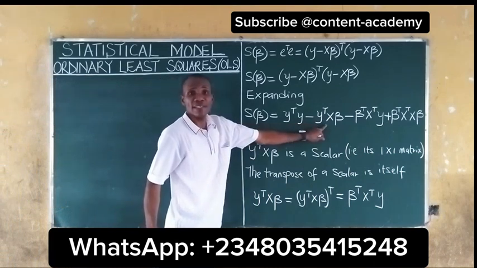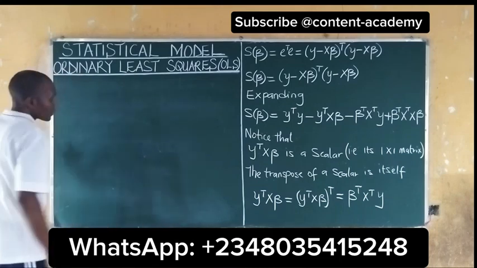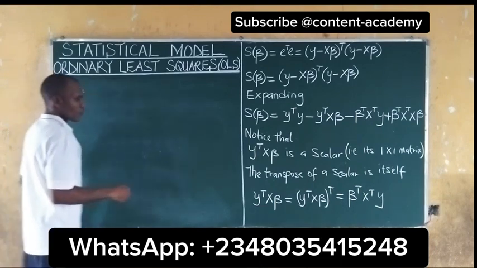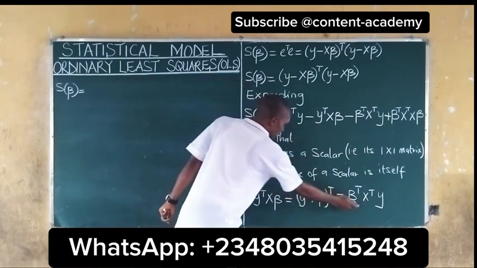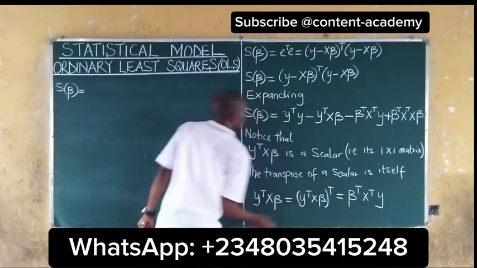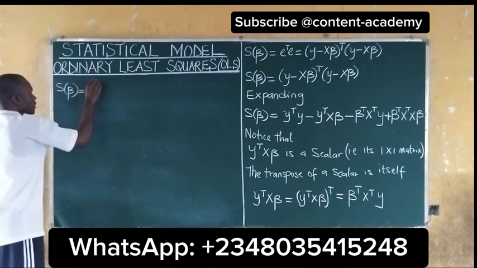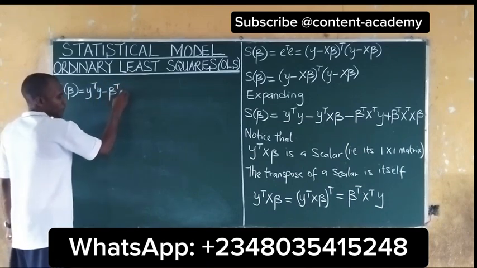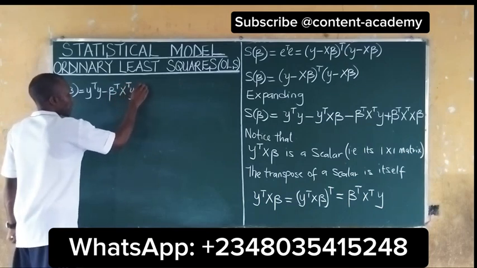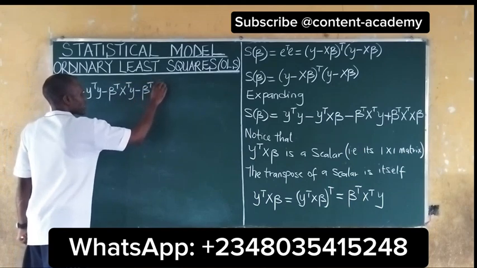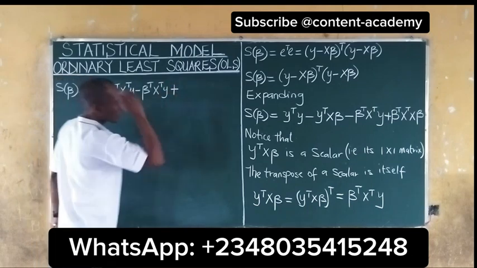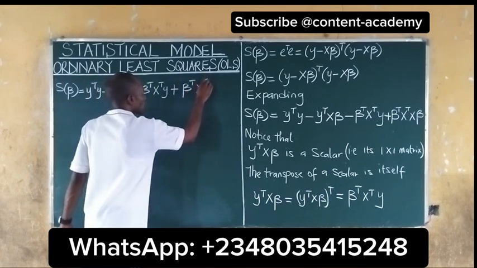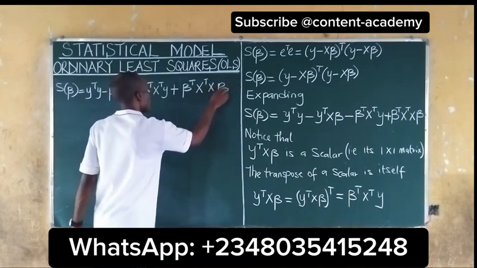Since we have identical items in our objective function, we can write our objective function, which is S(b), equal to y transpose y minus b transpose X transpose y minus b transpose X transpose y plus b transpose X transpose X multiplied by b.